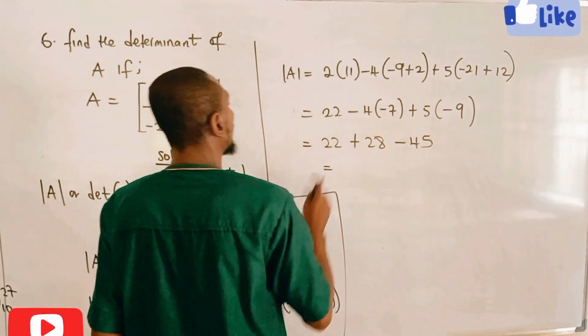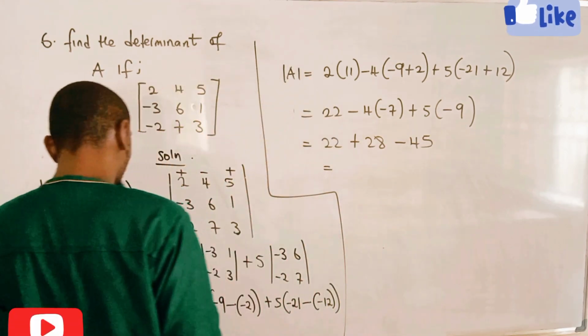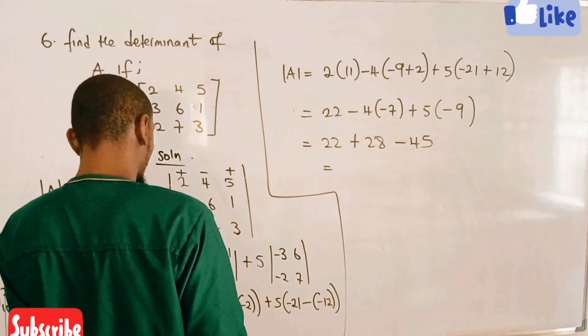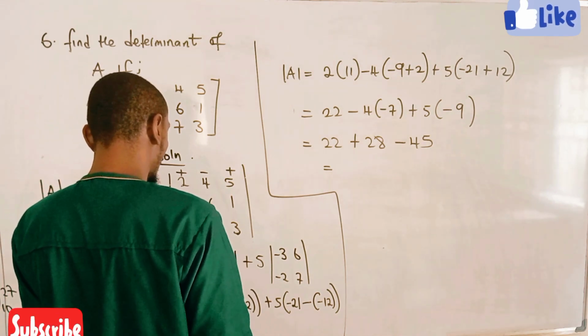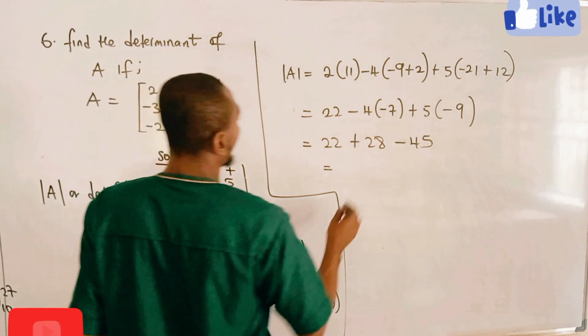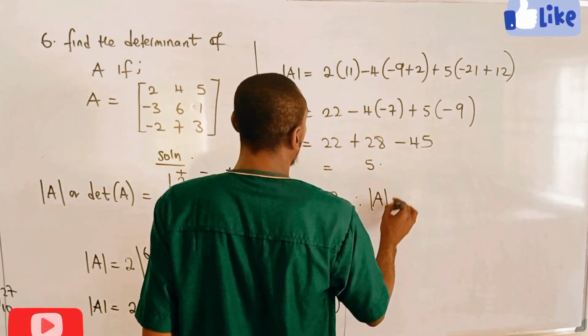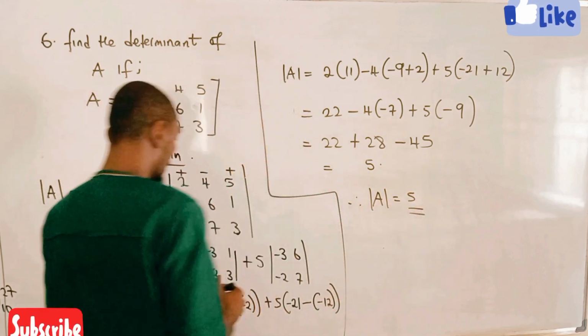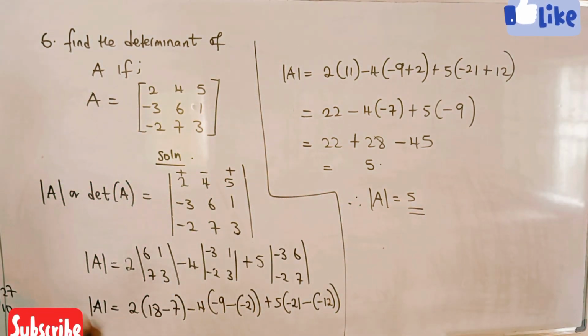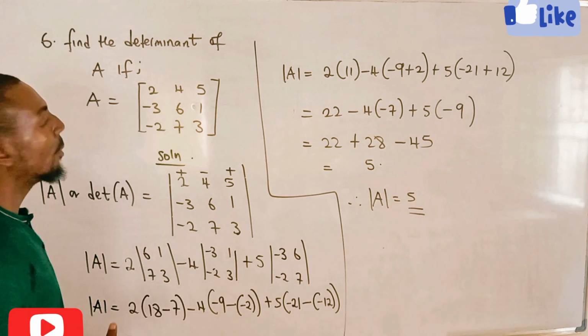So that's equal to 22 plus 28 minus 45, which will definitely give us 5. Therefore, the determinant of A is equal to 5, and that becomes the final answer.